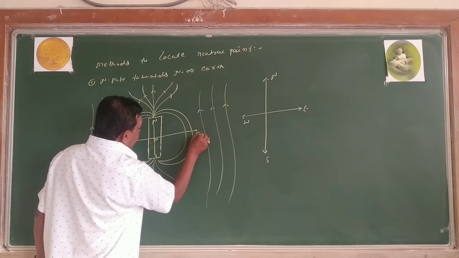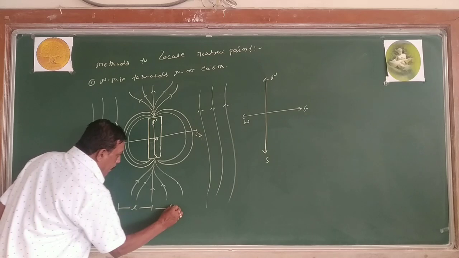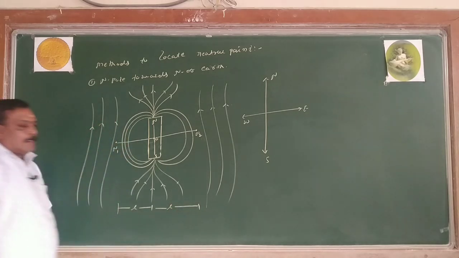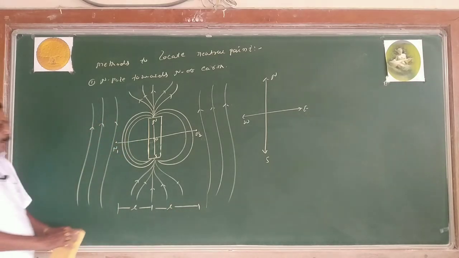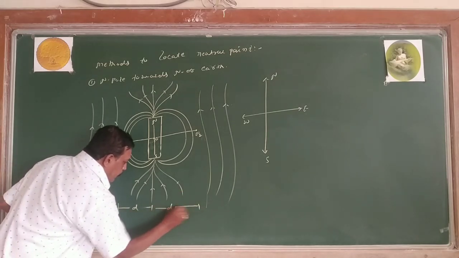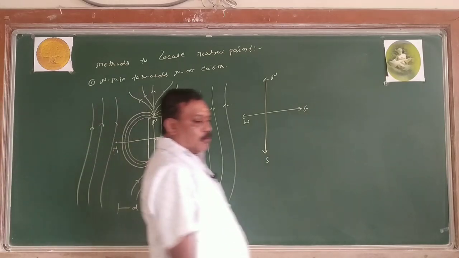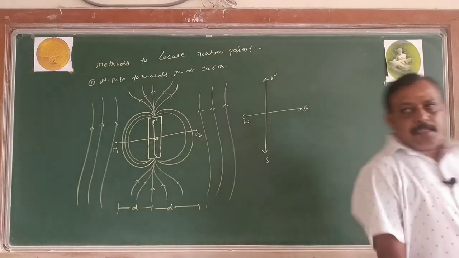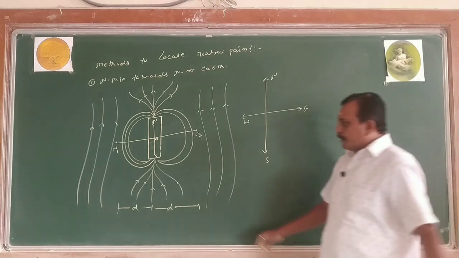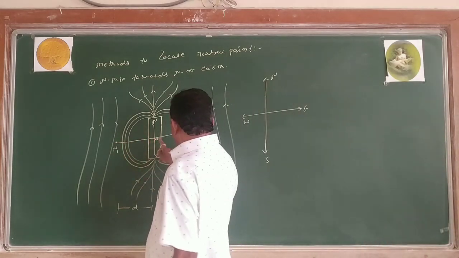The distance between them is L, or you can say D. The two neutral points are available at a distance of 2D, either side from the center D and another side from the center D.